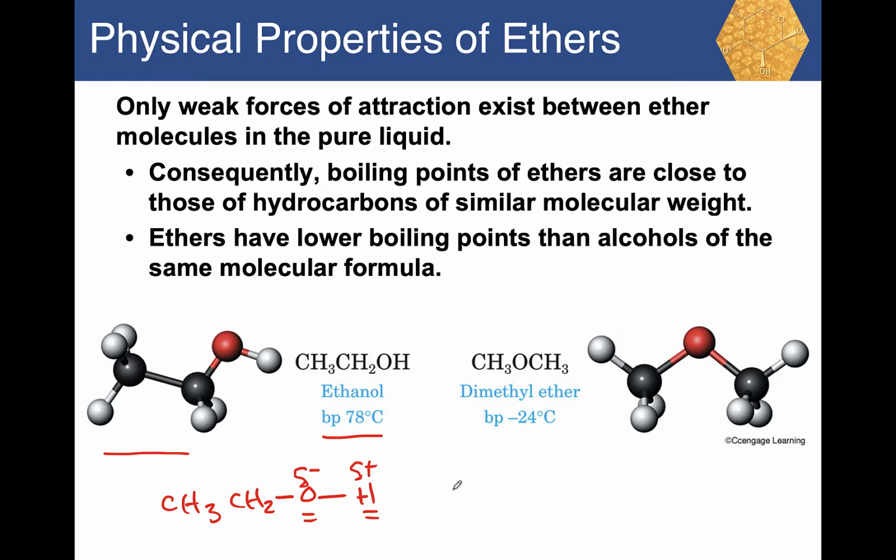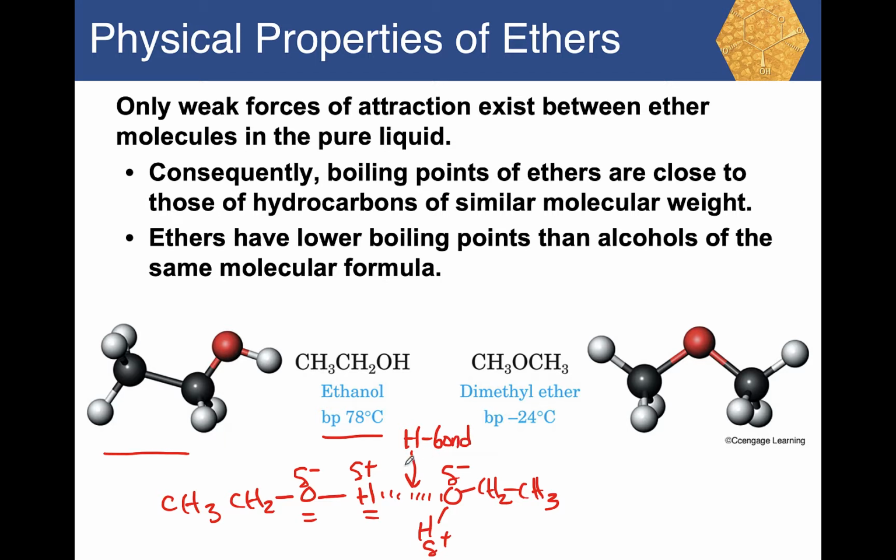If there is another molecule of ethanol, as shown here, there is a very strong interaction here because this is partially negative and this is partially positive. This is the hydrogen bond.